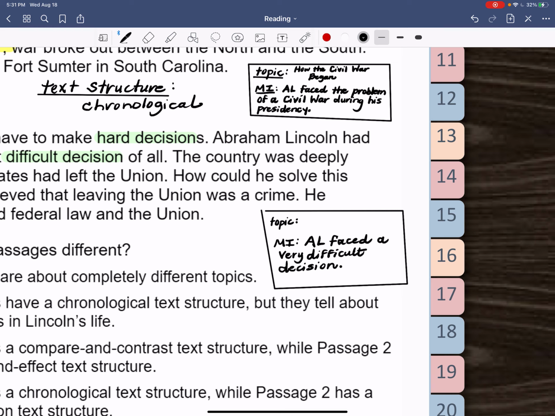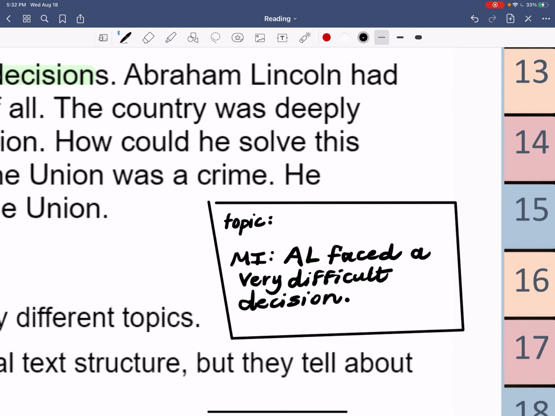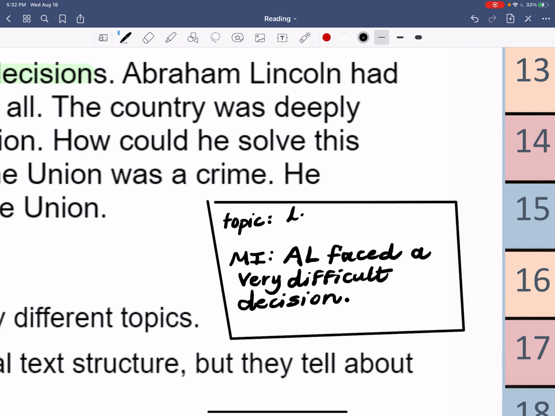Very similar to the passage before. Both of them are talking about this difficult decision. And I'm just going to use that as my topic. Lincoln's difficult decision. If you like another topic, that's okay, as long as it's close and as long as it fits the passage.